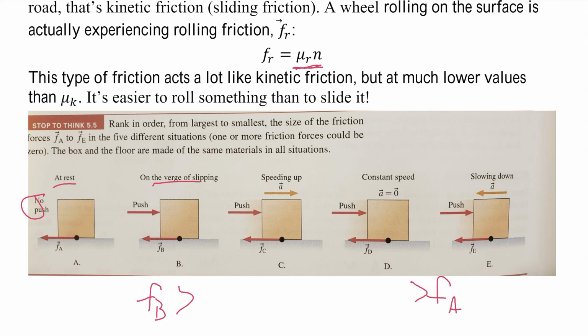But given the way the question is worded, that's probably wrong. But I think they're the same just because kinetic friction is a constant throughout all of them. It doesn't matter what speed you're going, it's constant, since the box is made out of the same material. What do you guys think about that?